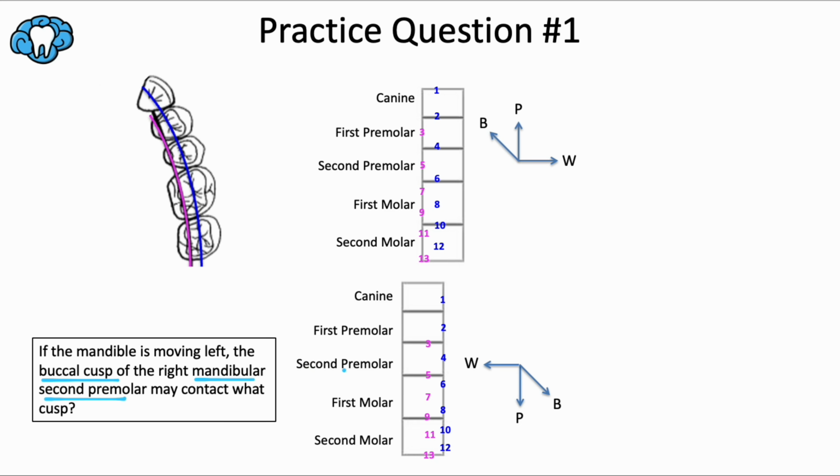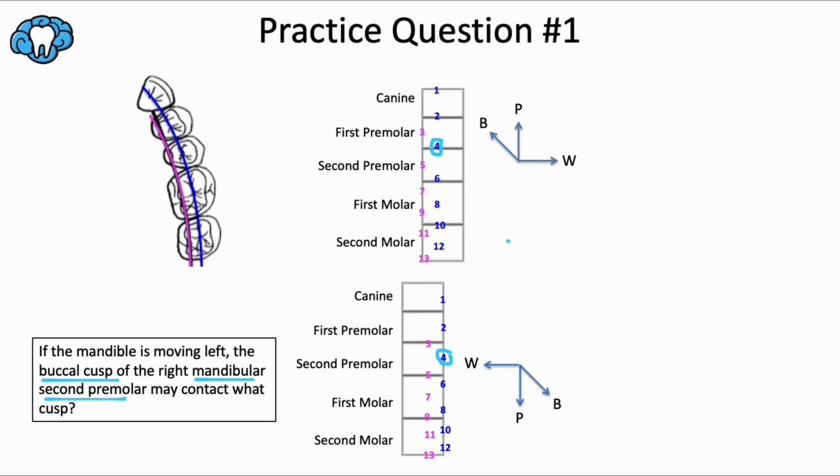So here's the mandibular second premolar. Here is the buccal cusp. That's contact point 4 on the mandible. We're going to circle it. Okay, step number 2 is find what it occludes with in the opposing arch. So all we have to do is find number 4. Here's blue number 4. We're going to circle that.